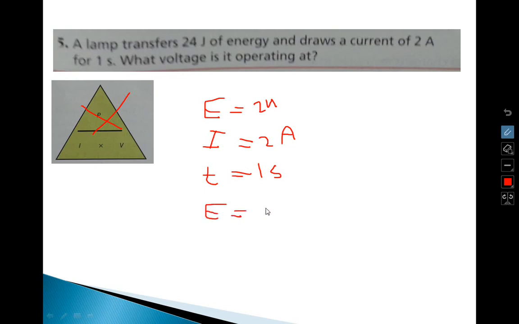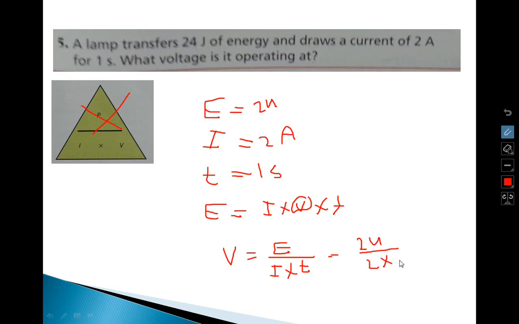E is equal to I times V times T. We need to find V. So V is equal to E over I times T. It's equal to 24 over I is 2 times T is 1. It's equal to 12 volt.